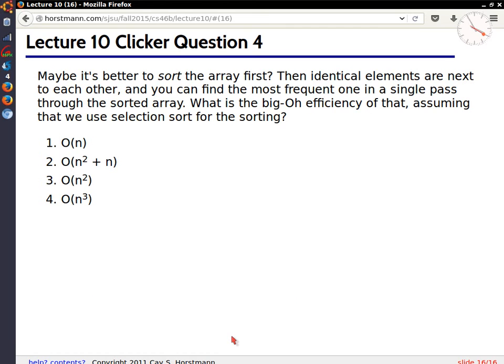Now let's say we sorted. We only know one sorting algorithm so far, that's selection sort. So what is the big O efficiency of first sorting with selection sort and then finding what's called the longest run, the longest subsequence?